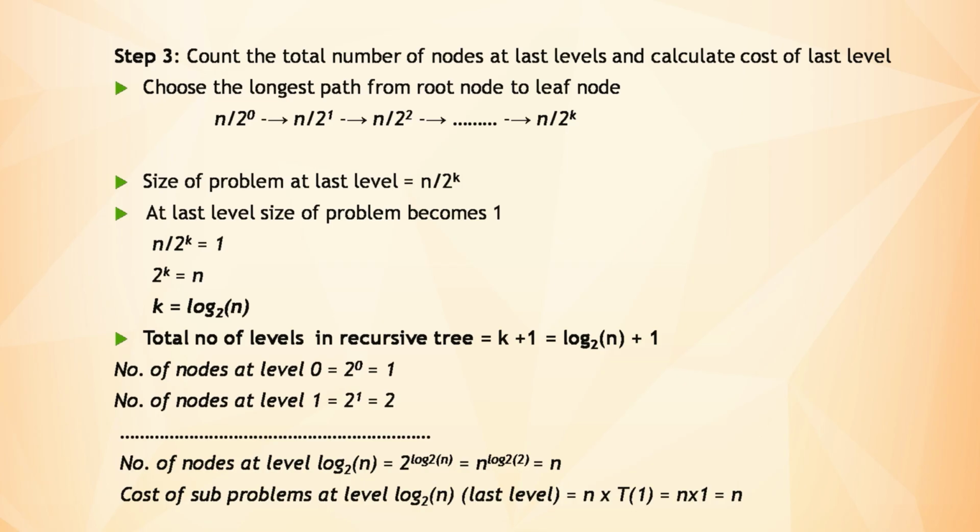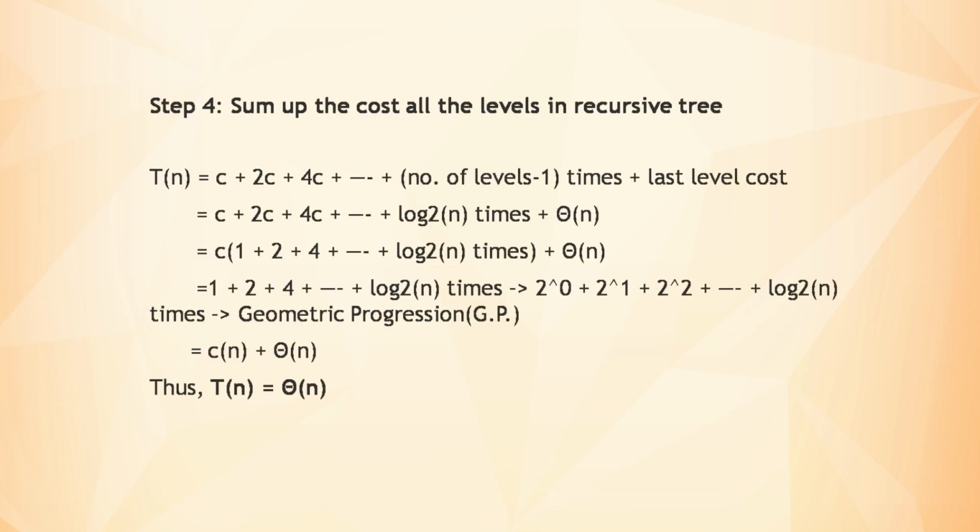Sum of the cost of all the levels, because how many levels are there? Log n levels are there, and this step 3 gives the cost of the last level, that is n. So, at every step, that is T n, at level 0 C, level 1 2C. So, we have to calculate all the costs at all levels, number of levels minus 1 times the last level. What is the cost of the last level?